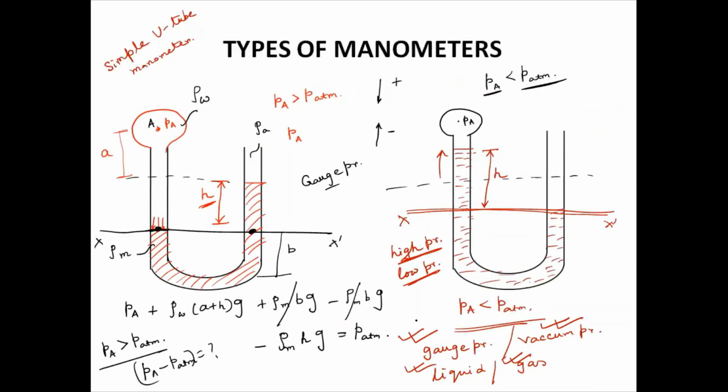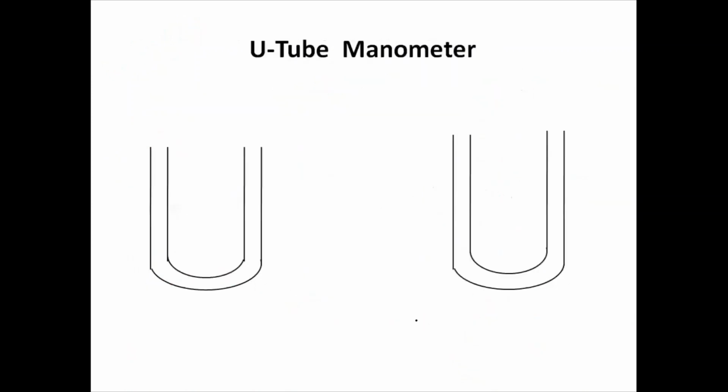There are some drawbacks in the U-tube manometer, but we'll talk once more about the U-tube manometer in the case of a differential manometer. If you want to find out the differential pressure, the U-tube manometer makes it possible.